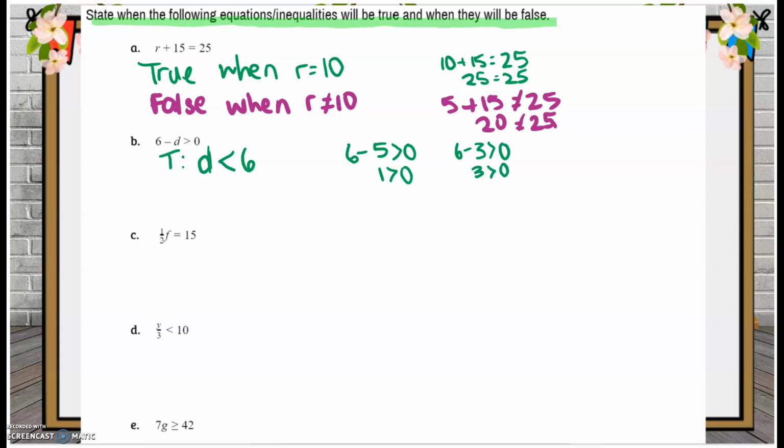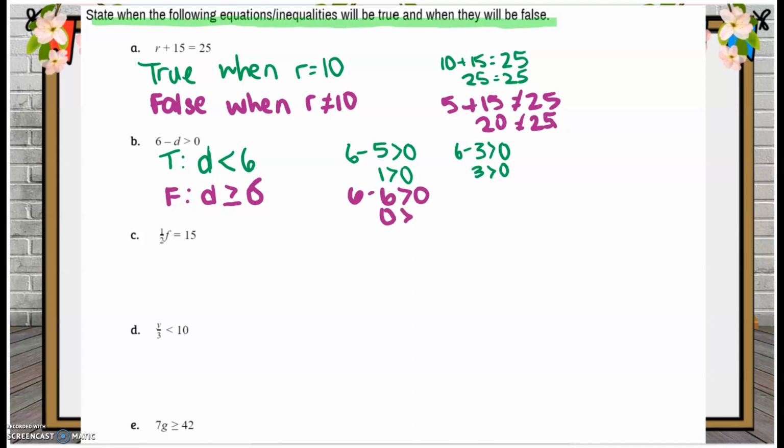Okay? So then for the next one, false, we want to figure out what would be false. Whenever d is greater than or equal to 6, then my answer is false. For example, let's do 6. 6 minus 6, is that greater than 0?